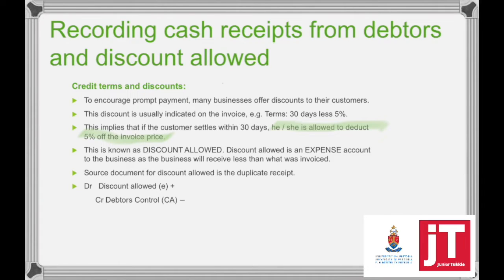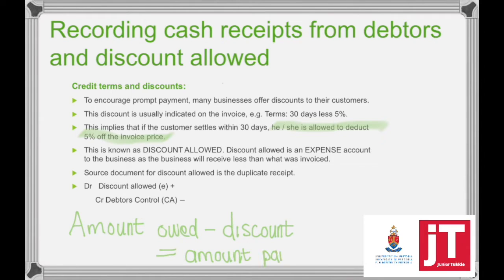When we record this, we have to make sure that the amount owed minus the discount is what is paid, because they can deduct it off the invoice price when they pay. So the amount paid is recorded in our bank in the CRJ. The total amount owed is the debtor's control amount, and then the discount is recorded as discount allowed.